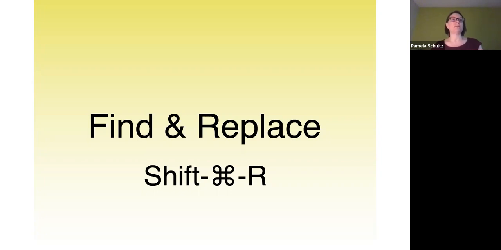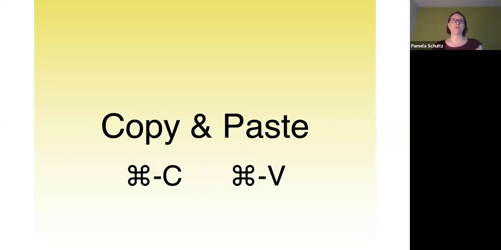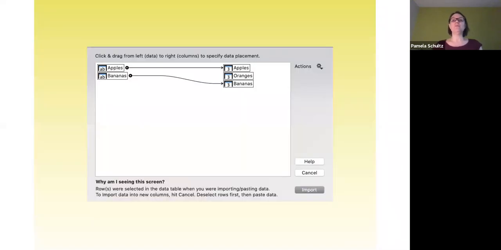And I will show you this, but each of these options to get more specific and to have more control will have a visual interface for making those changes before you make them. Copy and paste is the same way. If you're doing a simple copy and paste, it may use the default option and not ask you any questions about where the data goes. But if it's unsure, then you may see this pop up again, where it's going to ask you where the data is going.